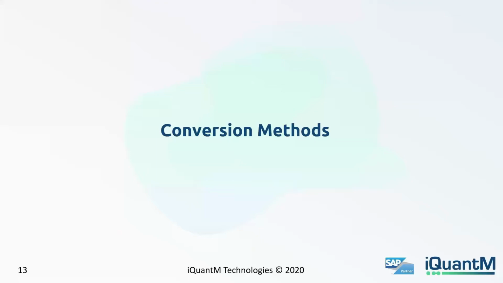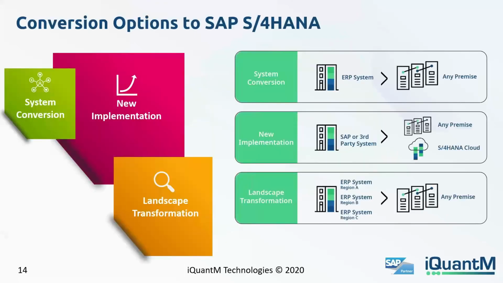I would like to cover the different conversion approaches or methods that customers can adopt to land into the target S/4HANA system. There are three main conversion methods. It depends upon their existing landscape. Are they an existing SAP customer, or are they not? They might be on any other ERP system, considering what kind of timeline they've been using the ERP system.